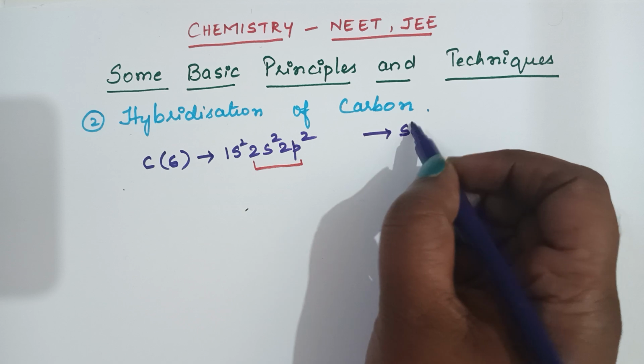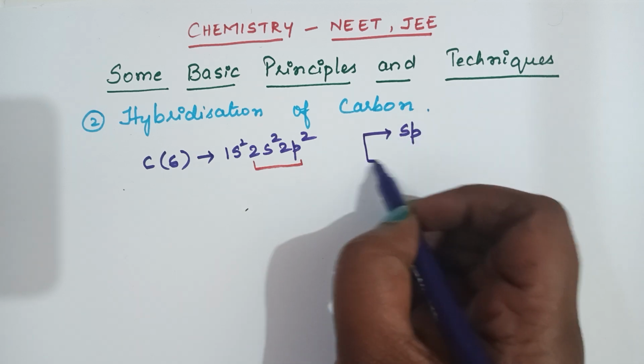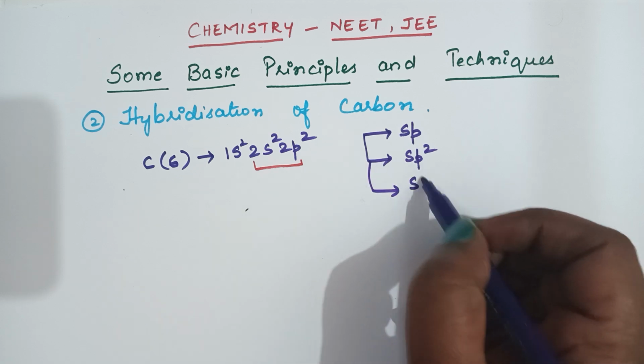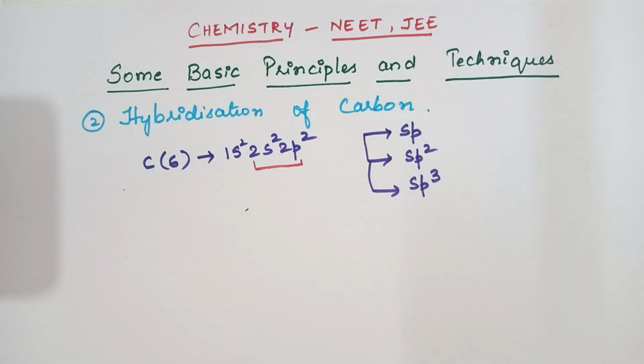That is, it can show sp hybridization, sp2 hybridization, and then sp3 hybridization. If you ask whether it shows sp3d2 hybridization, the answer is no, because there is no d orbital here.